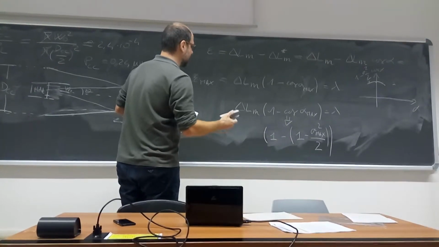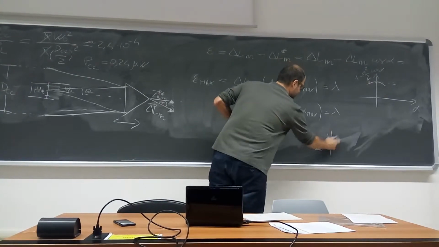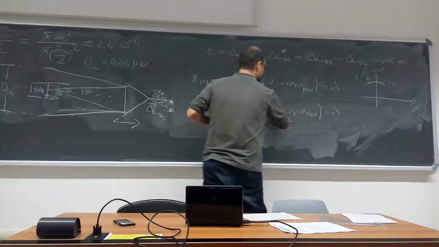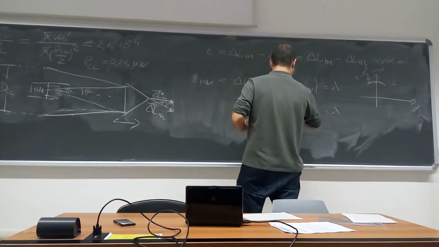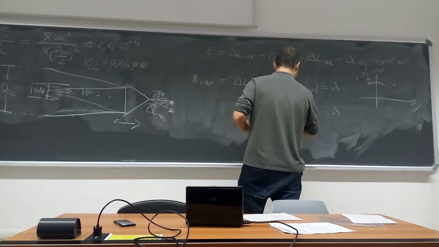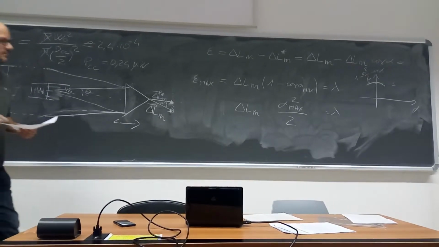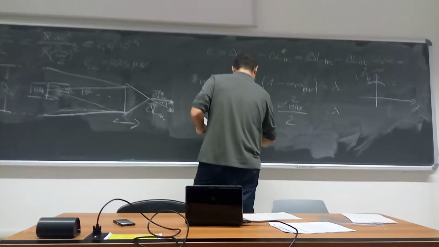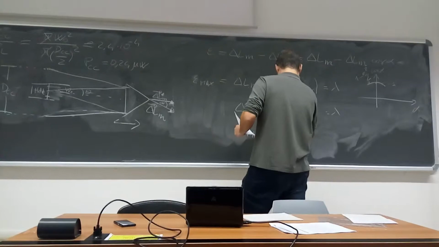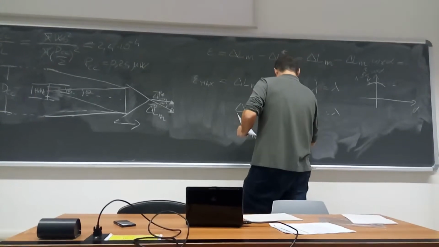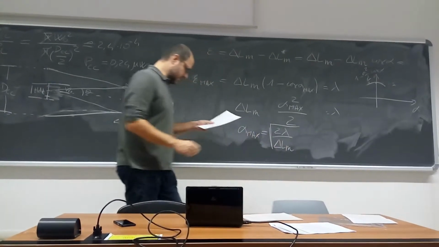And so you can write that here it remains only alpha max squared, and this means that the maximum angle is equal to the square root of 2 lambda divided by d.